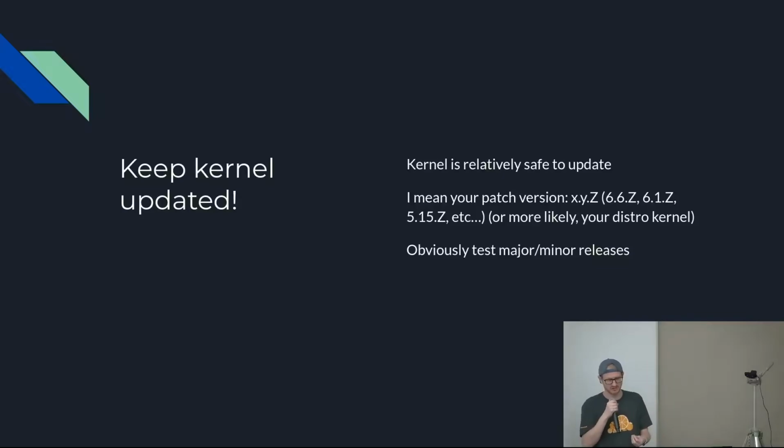Sometimes new features are introduced because of patch backporting, but most of the time Z represents no new features. Anything from 5.15 to 6.1 or 6.6, new features are introduced. So at that point, you may want to actually test your kernels. And please, do update. There's more harmful people out there than me.